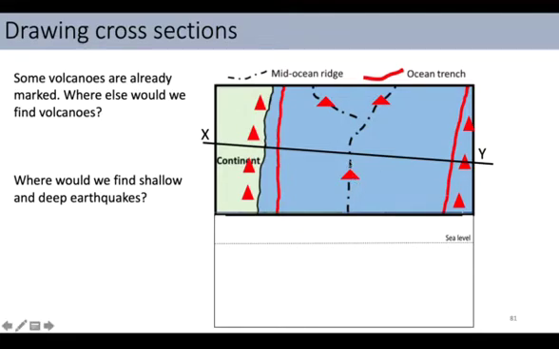There are volcanoes all along that region. And then the same on this continent. So this is a trench, which means that this spreading center is pushing this plate away from the mid-ocean ridge towards this continent. So since this is a trench, we know that this oceanic crust must be subducting down underneath the continent, creating volcanoes on that overriding plate.